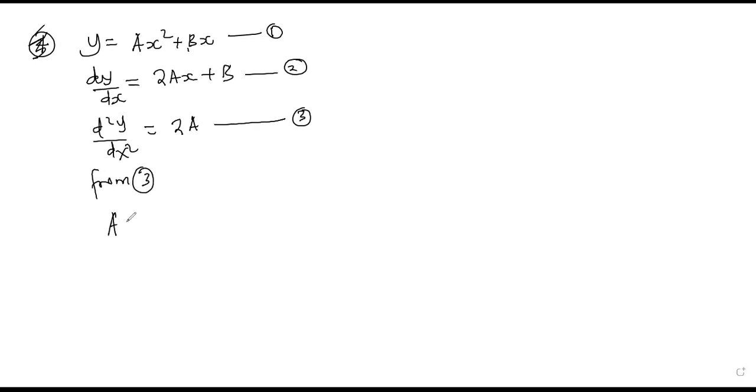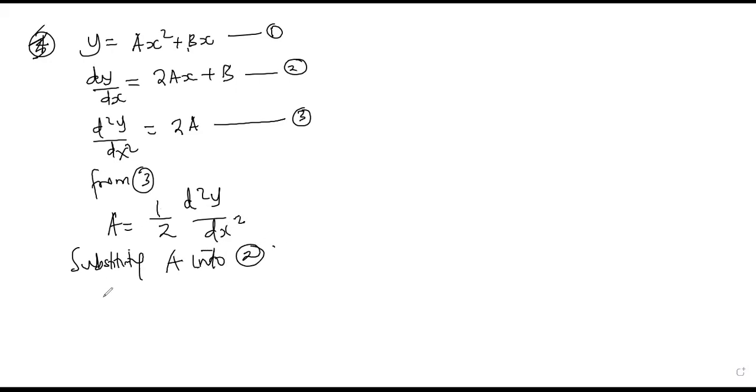So a is equal to, I divide by 2 both sides, so it will be a half of d2y dx squared. Now, if I substitute the value of a into equation 2, I will get the value of b. So substitute a into equation 2.